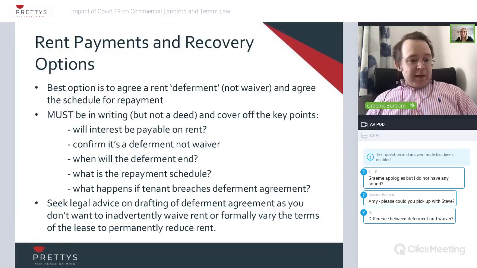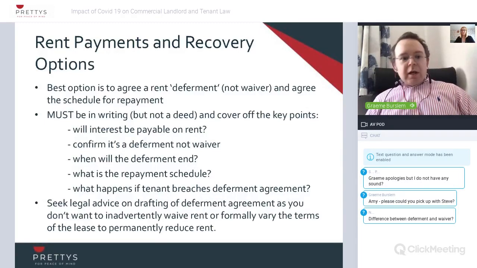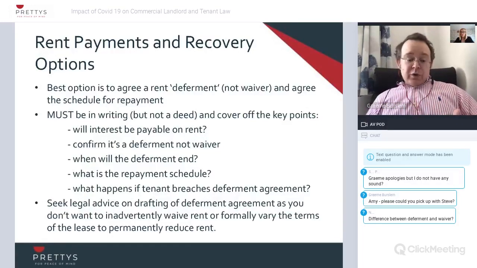Well, the initial thing to say, and thank you, Nick, for asking the question, is that you want to be careful to make sure that you agree a deferment and not a waiver. The difference is with a waiver, it's gone for good, you can't get it back.